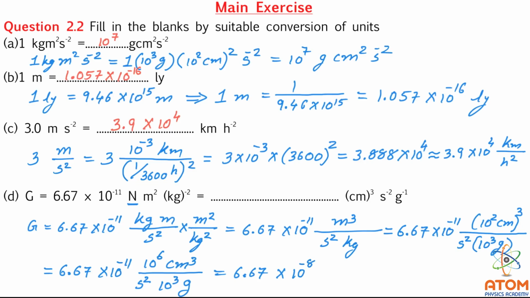The remaining of 10 raised to minus 11, 10 raised to 6, and in the denominator 10 raised to 3 is 10 raised to minus 8, and the unit is obviously centimeter cube and second inverse square and gram inverse. So finally the answer I will put here 6.67 into 10 raised to minus 8 centimeter cube, second inverse square and gram inverse.